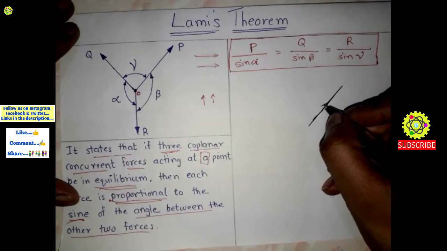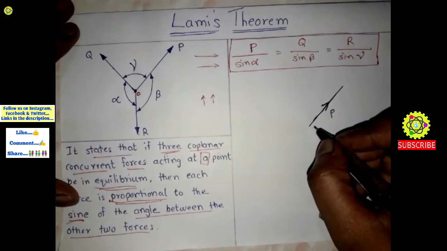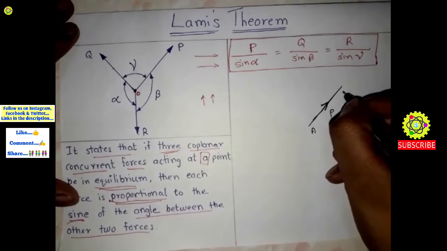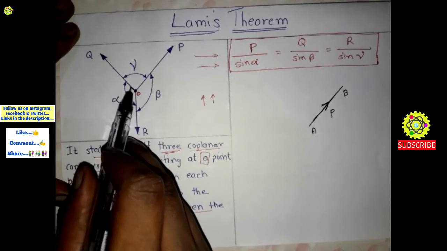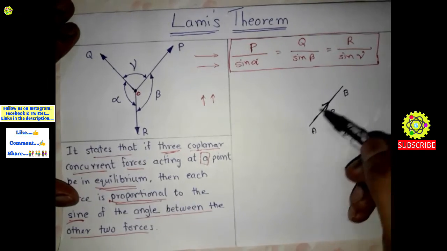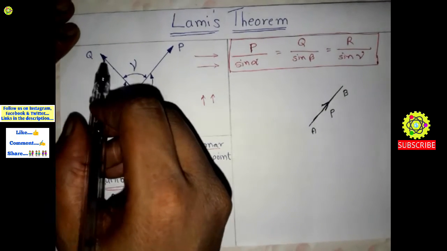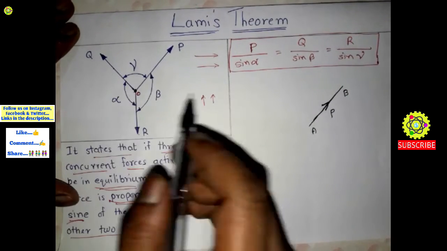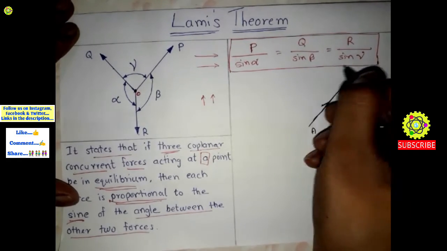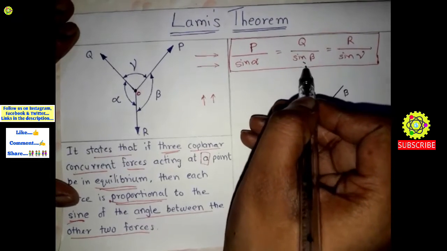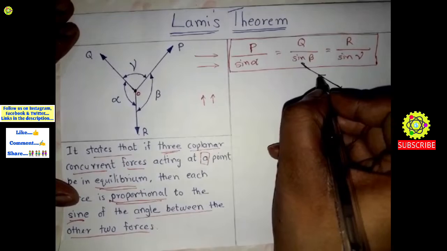We will give it the name A, and this is B. Now we will draw a line parallel to this Q force. This line is parallel to the P force we have drawn. Now we are going to draw the line parallel to this Q force. So here this is our other line, and it will be like this. This is our Q force.